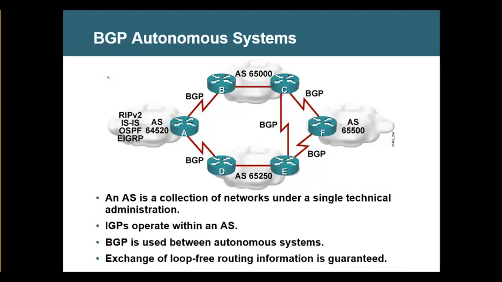So within the autonomous system, we may have OSPF, we may have ISIS, we may have RIP. Those protocols that are meant to be within the autonomous system are called IGP protocols.